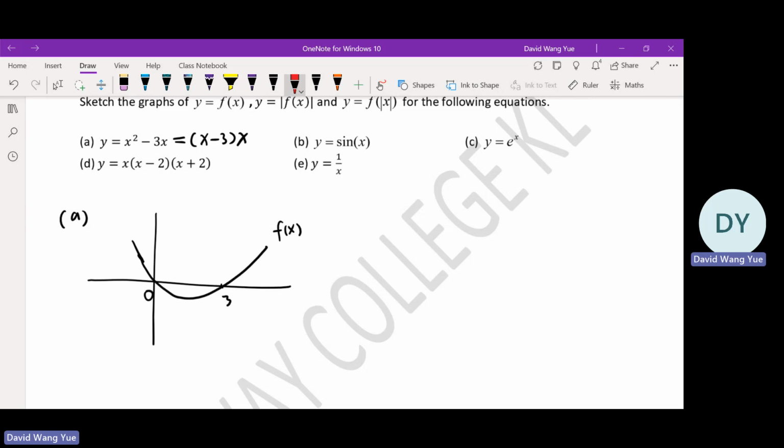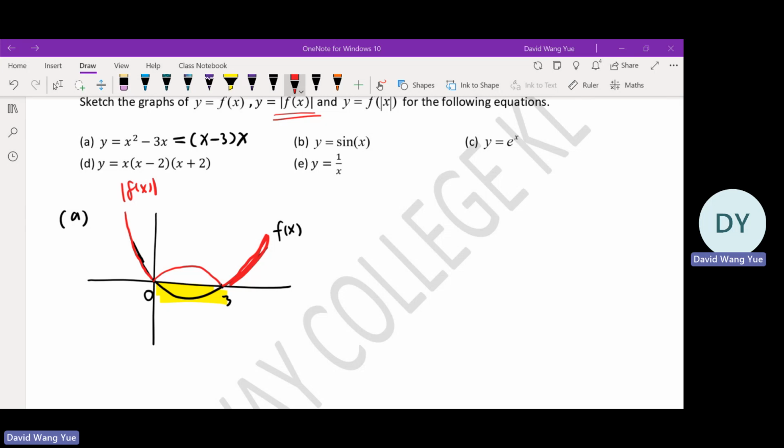Now, if I want to sketch the modulus of f(x), remember the part below the x-axis, when you take the absolute value, it will become positive. So they will reflect above the x-axis. And for those parts that are above the x-axis, they remain.